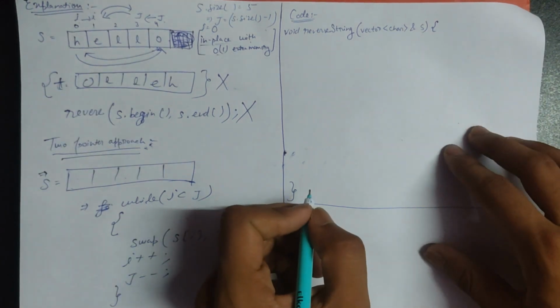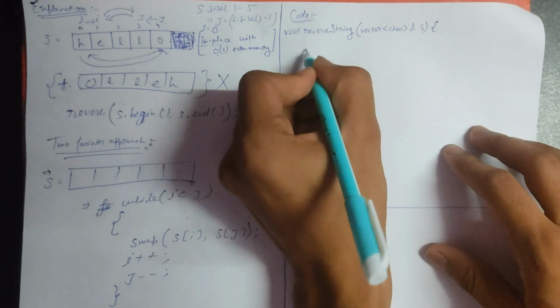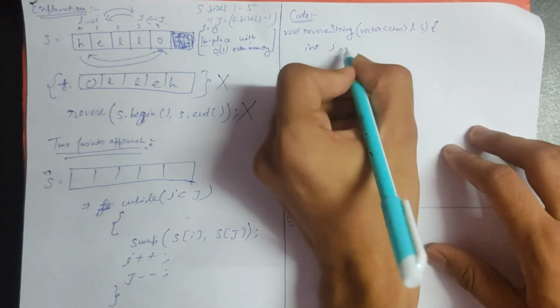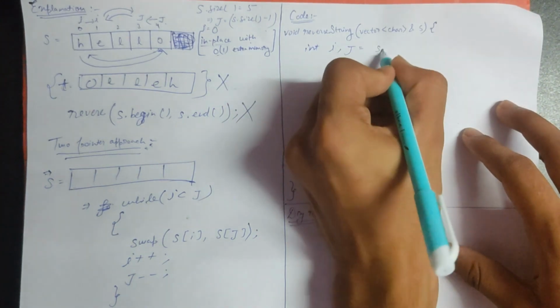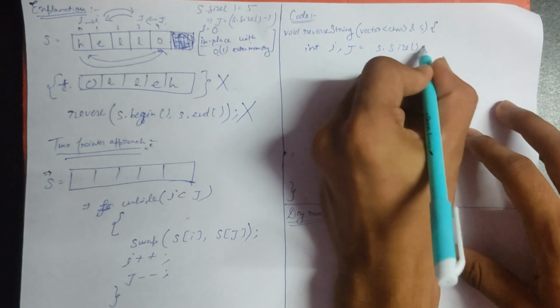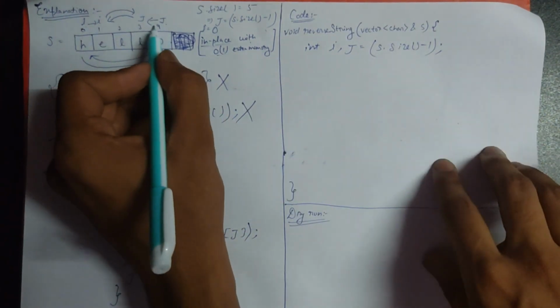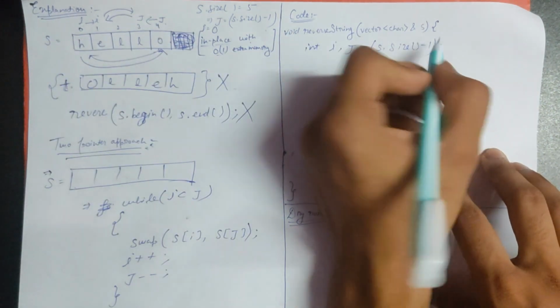Let's write the C++ code for the same. We will first initialize the variables int i, comma, j will be s.size() minus 1, as we have discussed above that j will be at the last position of the index, and the last position will be size minus 1.